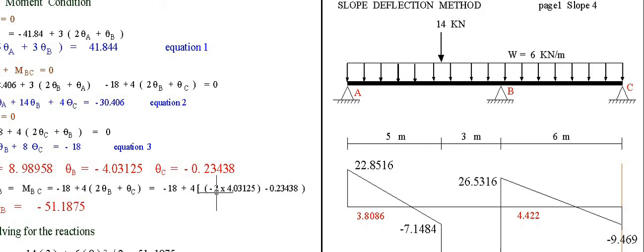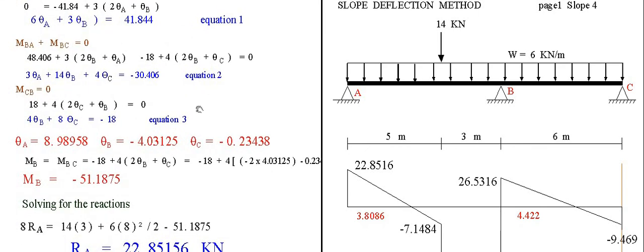So these two will add together, then we'll add to the A10 and becomes minus 51.1875. Okay, just check using your calculator. So we have now the moment at B is given.